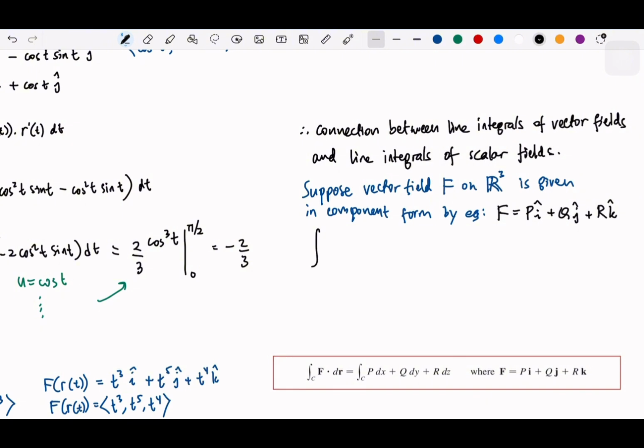Then using the F dot dr line integral, we have this is actually equal to this, right? This is from our examples and from our work done.